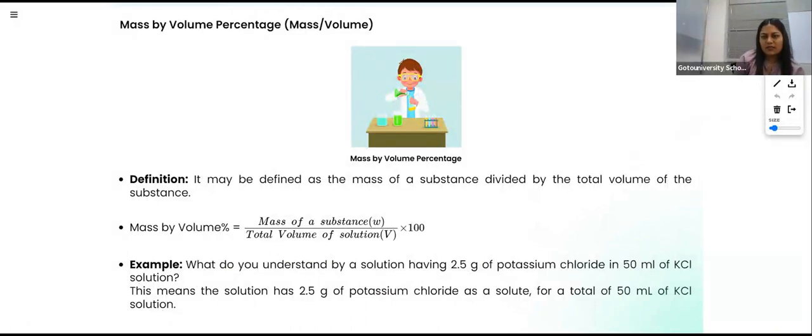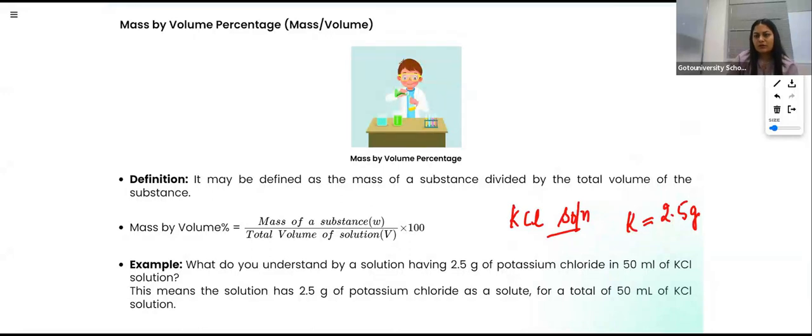Now what does this mean? We have a KCl solution, that is potassium chloride solution, where potassium chloride present is 2.5 gram, that is the solute, and what is the volume of solvent? That is 50 ml, right?